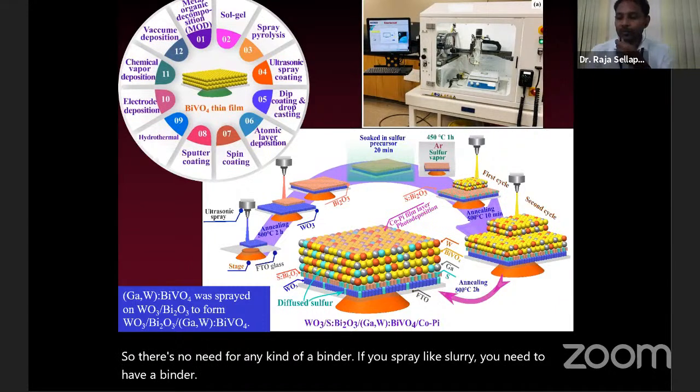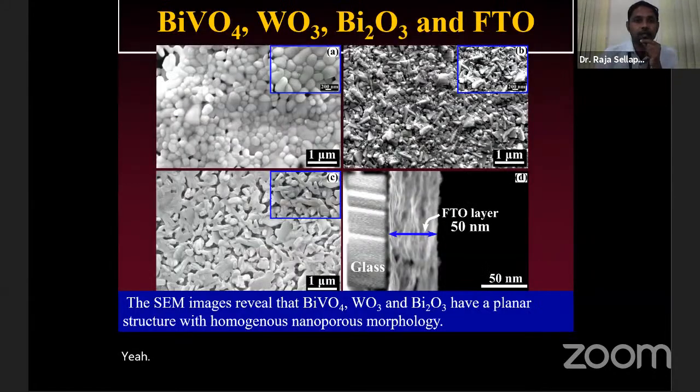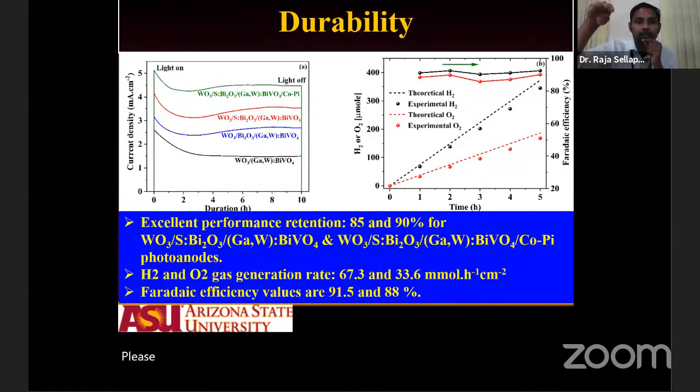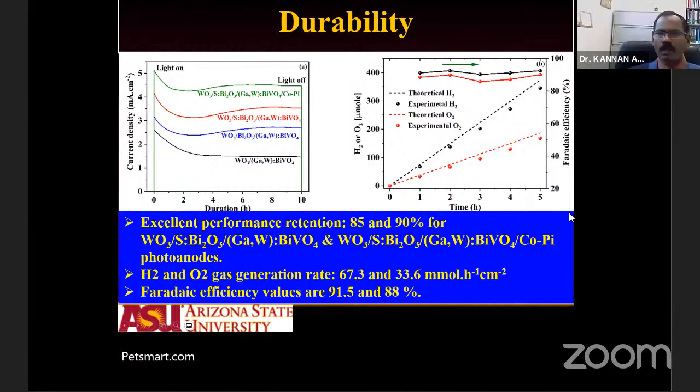And one more question regarding this hydrogen and oxygen evolution studies. Normally, with respect to time, it linearly increases, but in your case, the experimental values are something like 100% right from the beginning, on the right side.